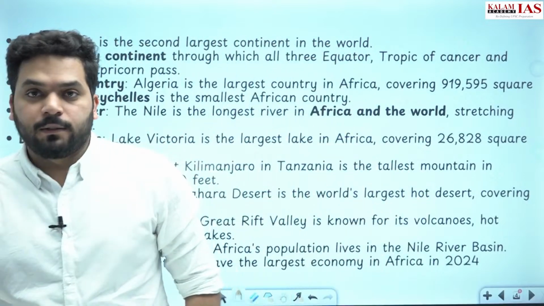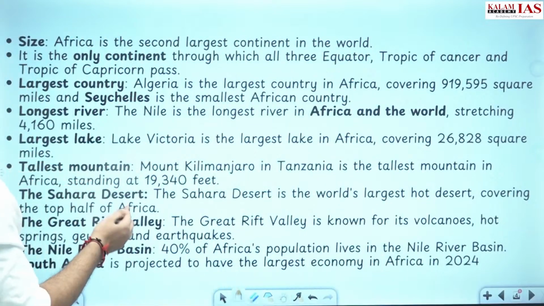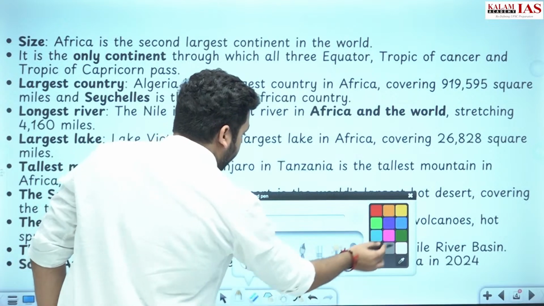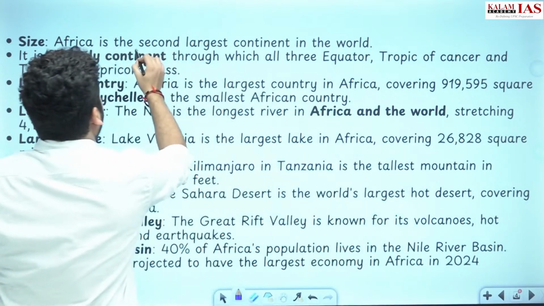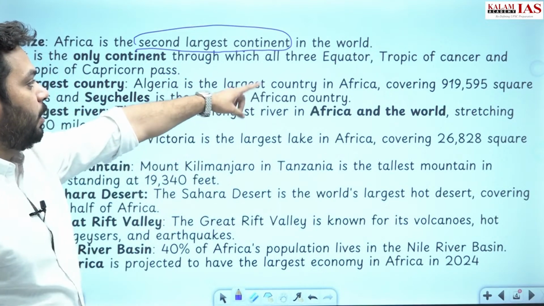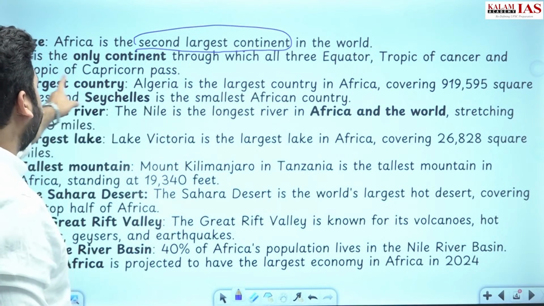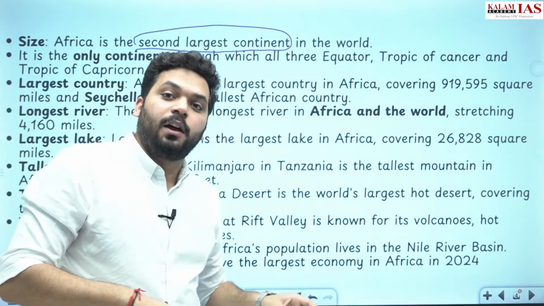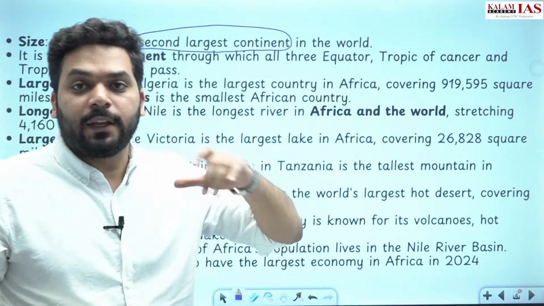So it is the second largest continent. It is the only continent through which all three, the Equator, Tropic of Cancer and Tropic of Capricorn, are passing. Largest country is Algeria, and smallest country is Seychelles.